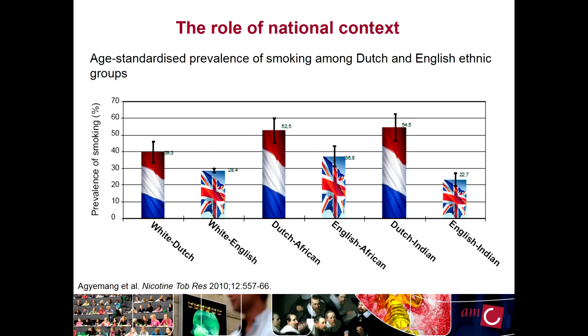And this same pattern is reflected in the migrant populations living in these countries. So we see a higher prevalence of smoking among African migrants living in the Netherlands compared to African migrants living in England. And again, the same pattern for Indians, higher smoking prevalence among Indians living in the Netherlands compared to Indians living in England. So this clearly shows the role of national context on health behavior and also related health outcomes.